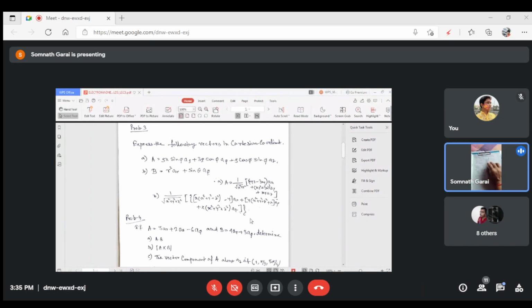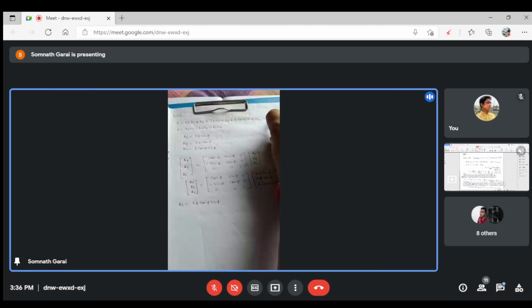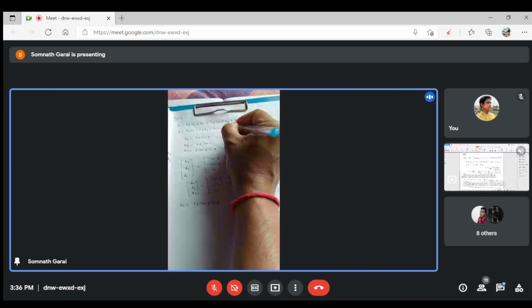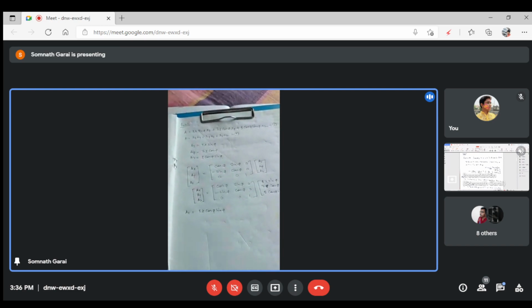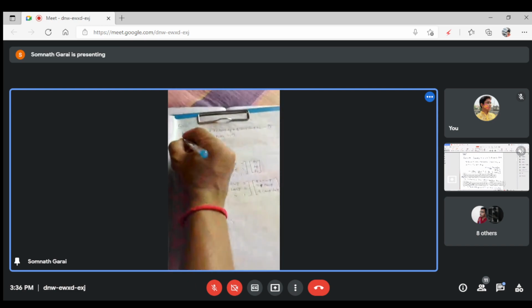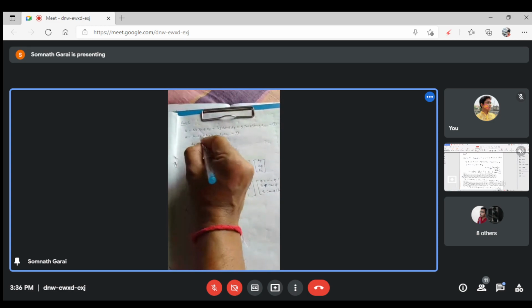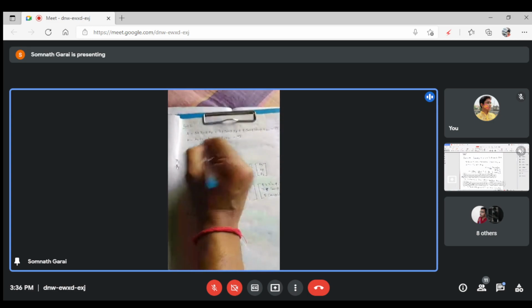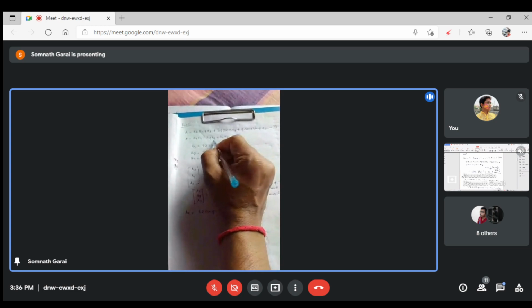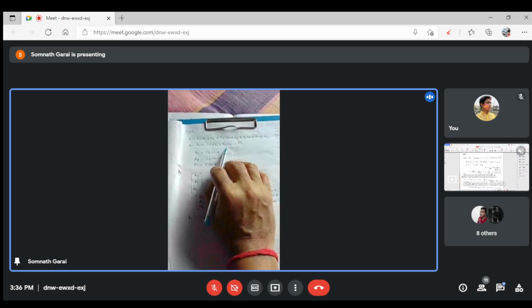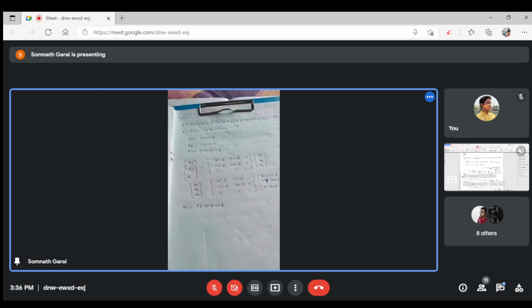Cos phi A phi plus rho cos phi sin phi Az, right? Now, if we compare this equation number 1 with the standard equation of cylindrical coordinate in component form, that means capital A rho into small a rho plus capital A phi into small a phi plus capital Az into small az.